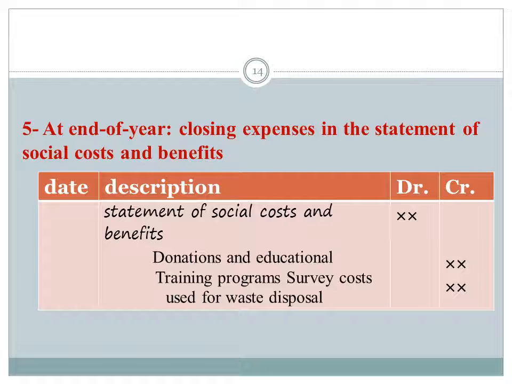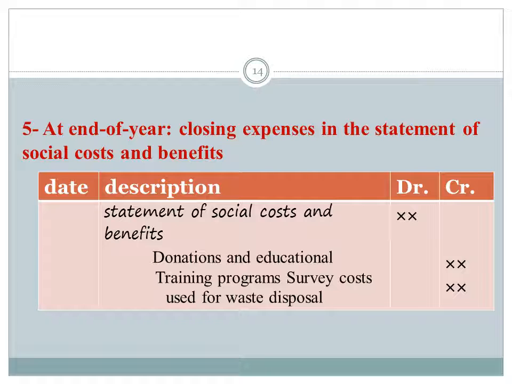These expenses will be closed in the statement of social costs and benefits, so it will be on the credit side. At the first stage, these expenses will be on the debit side, cash on the credit side. In the second stage, these expenses will be closed in the statement of social costs and benefits, so it will be on the credit side.